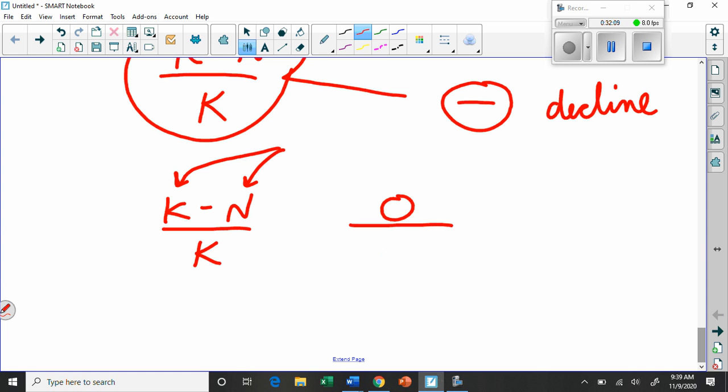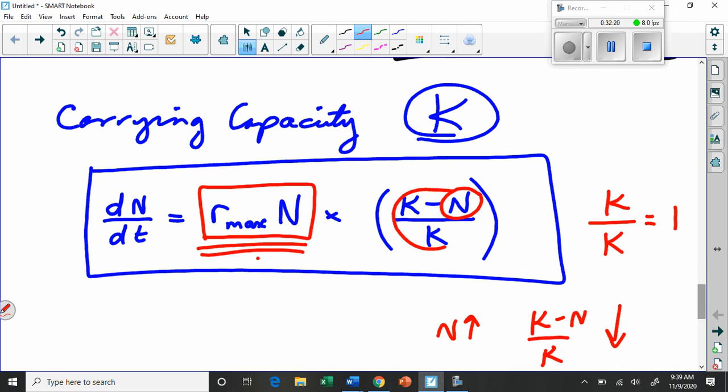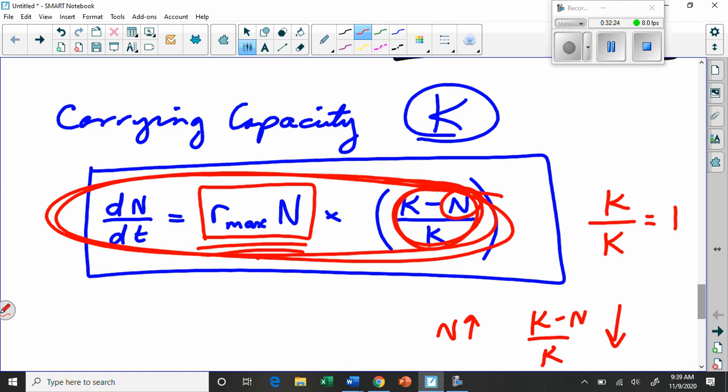When this becomes a 0, that means the whole thing becomes a 0. 0 over, it doesn't matter what the bottom is, which means that the entire growth rate is a big 0, and that would indicate no overall growth.